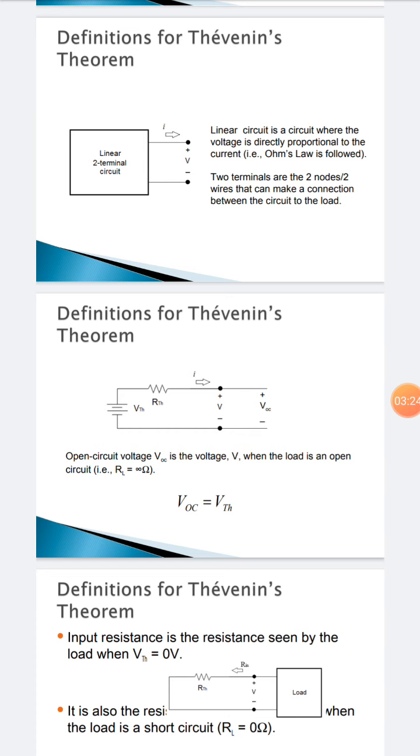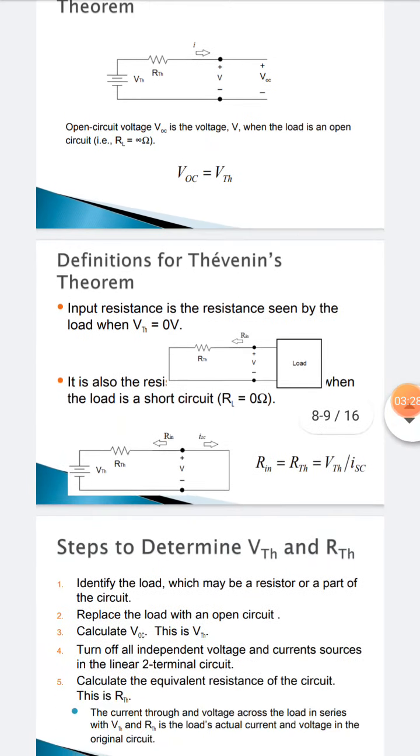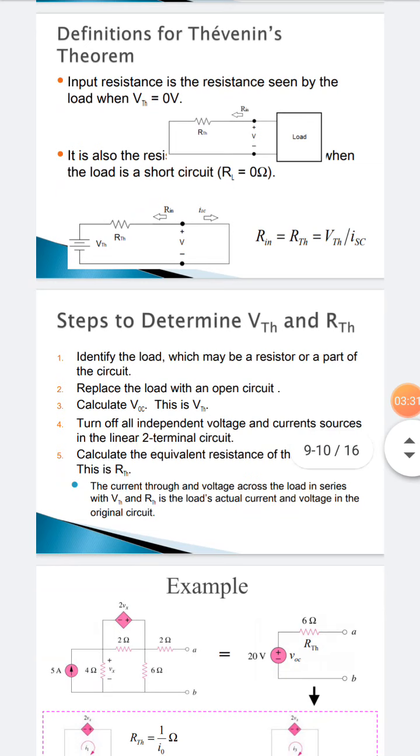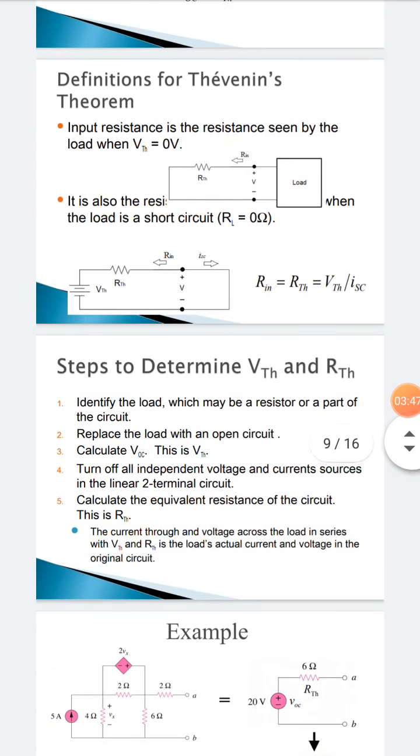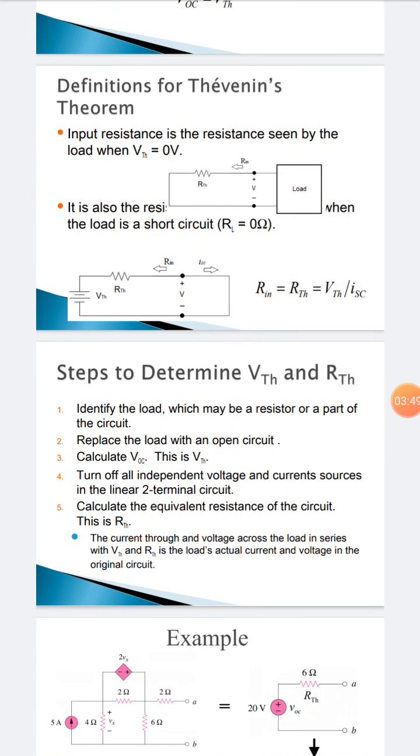The next definition indicates that when the load is connected, the receiving end voltage, meaning VTH, is zero. Next step, to determine VTH and RTH: replace the load with an open circuit, so we can calculate VTH, meaning the open circuit voltage.